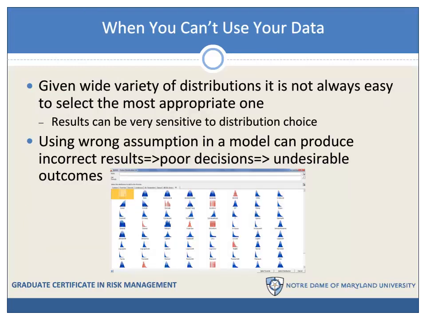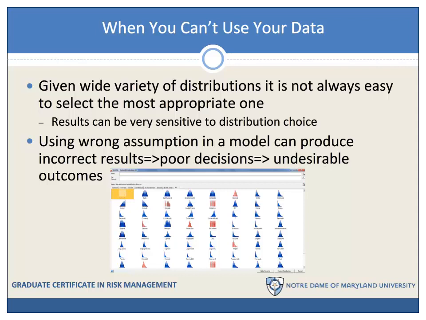There may be times when you can't use your data. They may not be extensive enough, they may not be representative enough. There may be any number of reasons why you're not able to use your data directly in the model. So given the wide variety of distributions that are available to us, it's not always easy to select the most appropriate one.